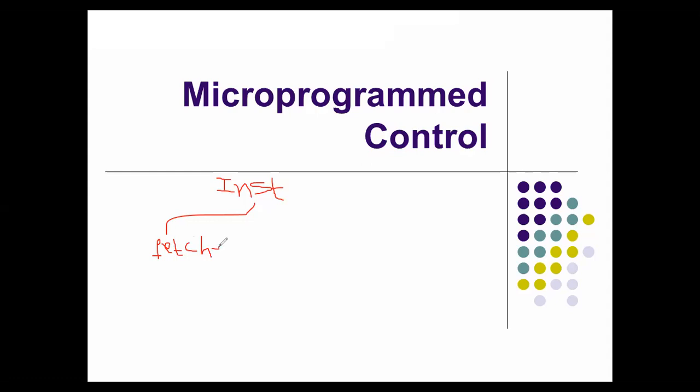Next, decode that instruction. Decode means it is converted into machine language, that means in the form of ones and zeros. After decoding, we execute that instruction.